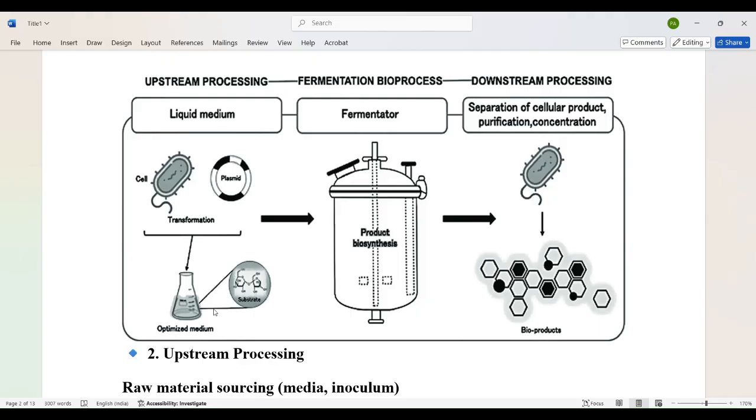So all these parameters are optimized before taking up the production of insulin or any other biological product that we are intending to have, right? So what I mean by optimizing is, for example, out of 1 liter I am getting 100 grams of final product, for example insulin.